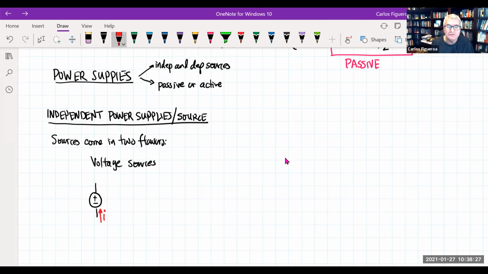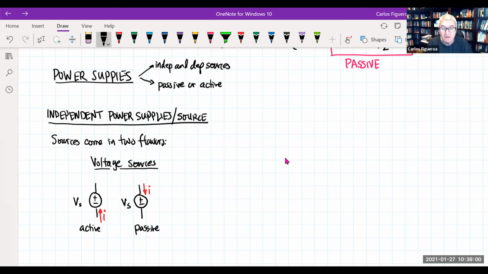It enters from the negative terminal. So this source here is active. But I can also have passive sources. If I have a passive source, then that means that the current must be coming in through the positive terminal. So then this would be a passive source.